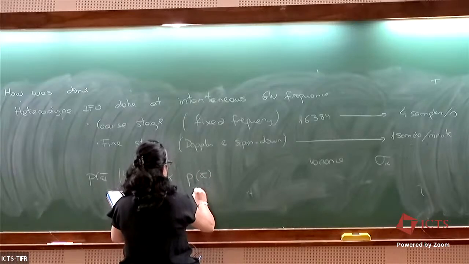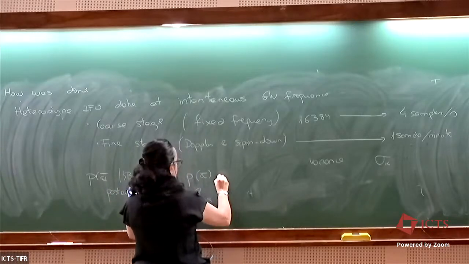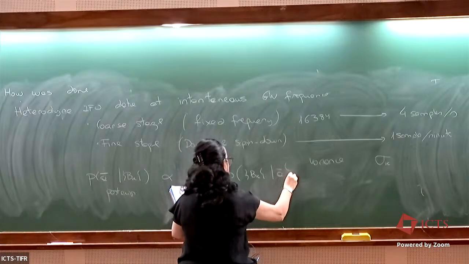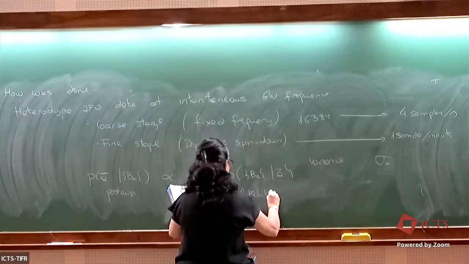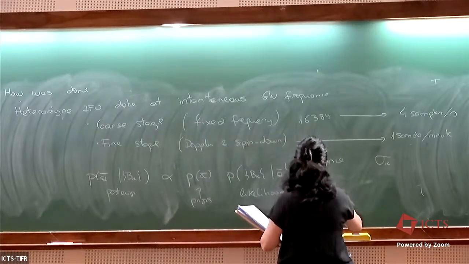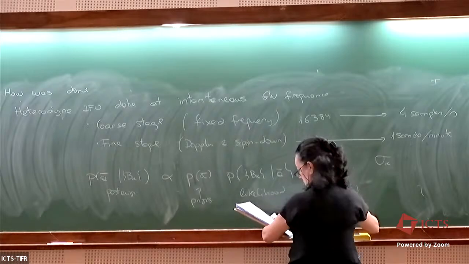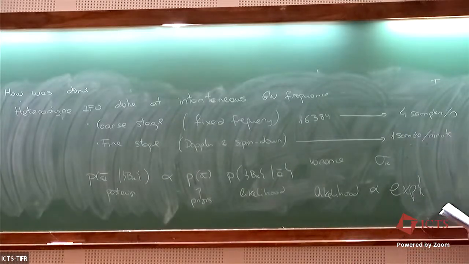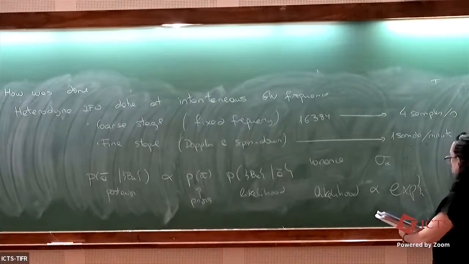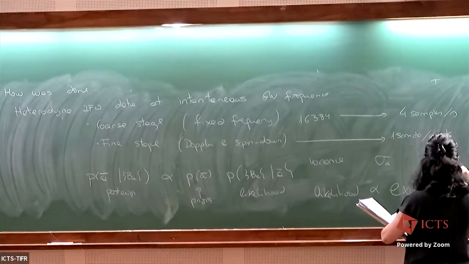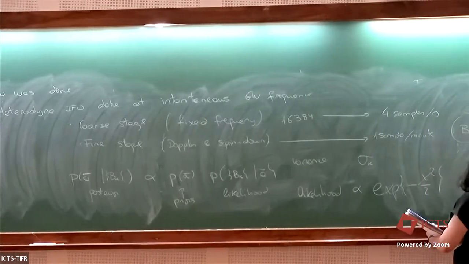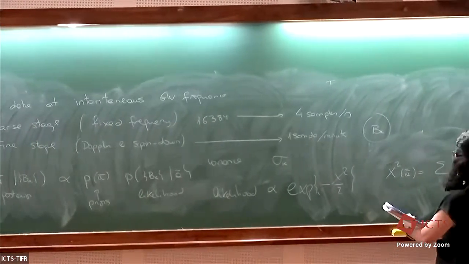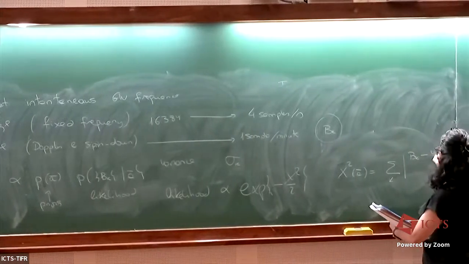This is going to be proportional to the priors and the likelihood, which is going to be proportional to the exponent of minus chi squared divided by 2, where chi squared will be the sum of the data minus the model.